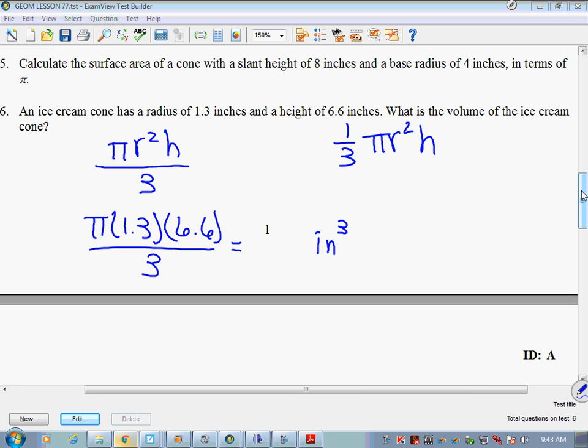And because it's volume, we want it to be in inches cubed. Ooh, we forgot something, didn't we? I need to square that.